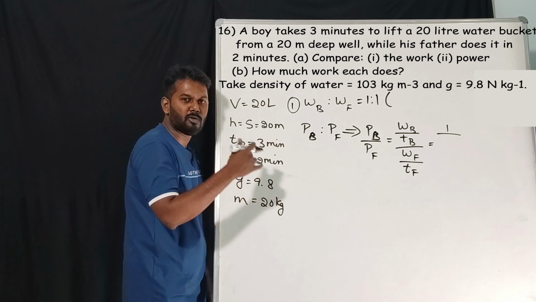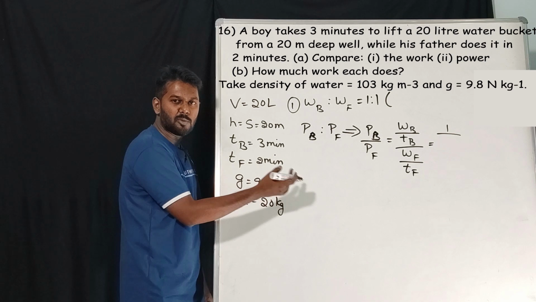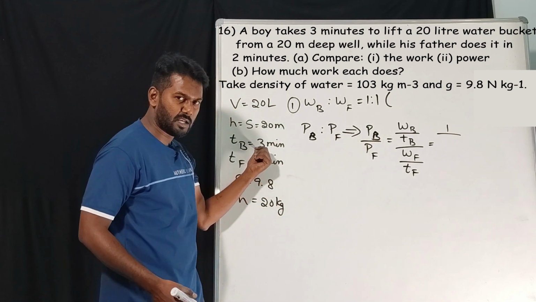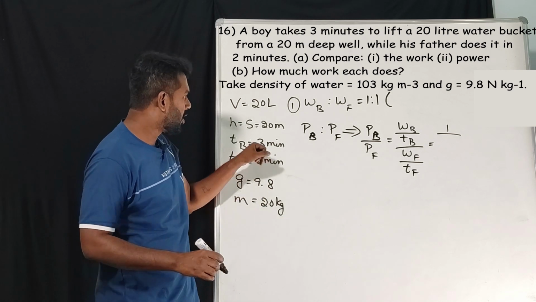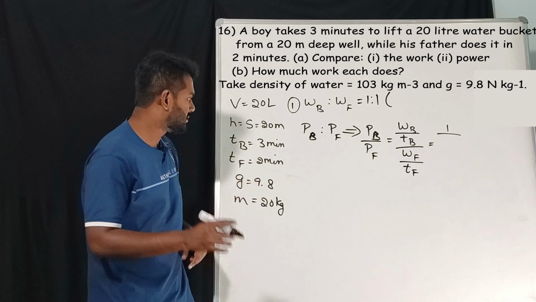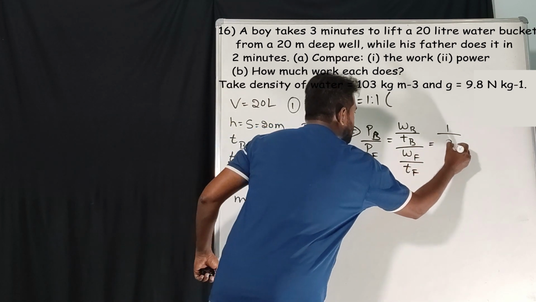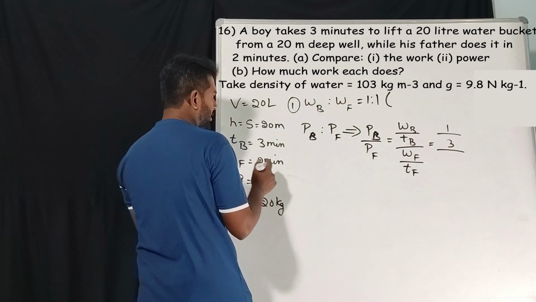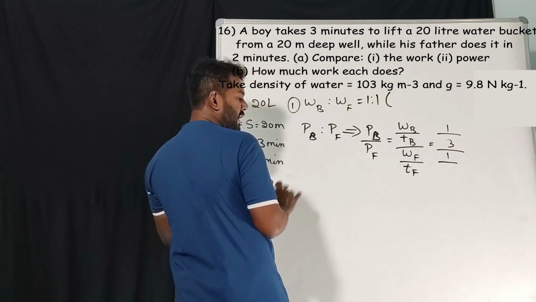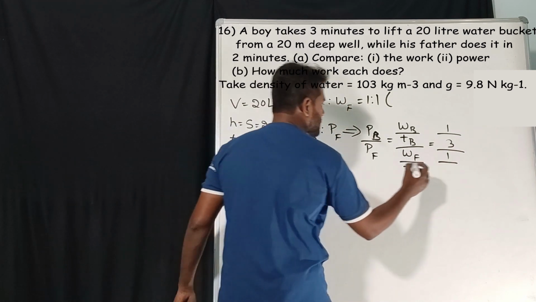3 minutes is nothing but 180 seconds. 2 minutes is nothing but 120 seconds. So time spent by the boy, I will take as 3. While you are calculating, you take it as 180 seconds. We both get the same answer. So that is 3. Then work done by the father is 1. Then time taken by the father is 2 minutes.